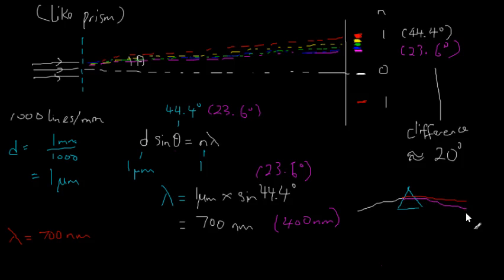Now, this spread angle, if we use a prism that is made of glass, if you actually try this out and measure it, you'll find that the angle between the red and the violet light, the two ends of the spectrum, is only about 3 degrees, maybe 2 to 3 degrees. It's almost 10 times smaller than if you use the grating.